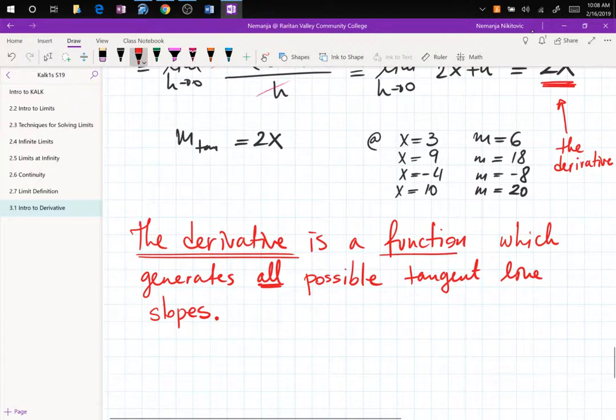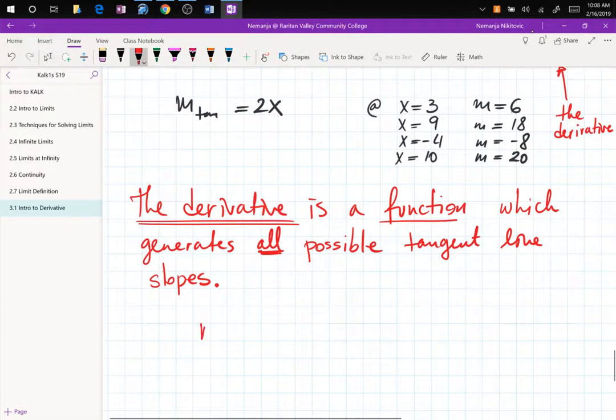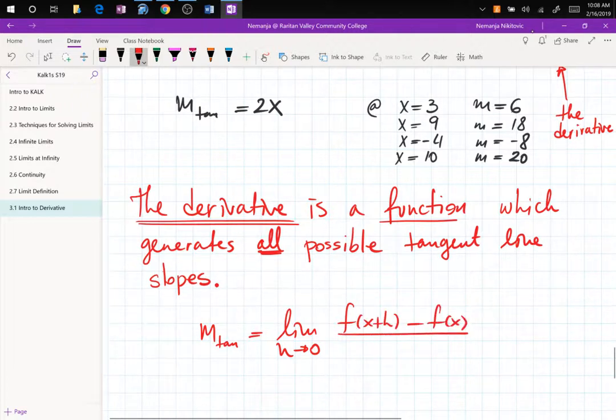The formula for it is m tangent is the limit as h goes to 0 of f of x plus h minus f of x over h, and the notation is f prime of x.